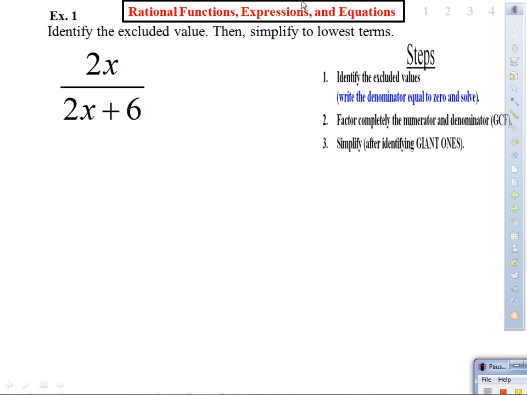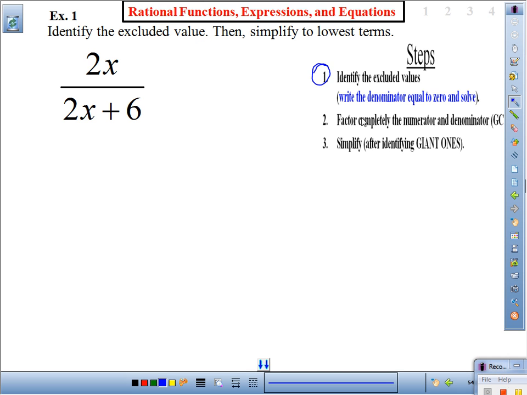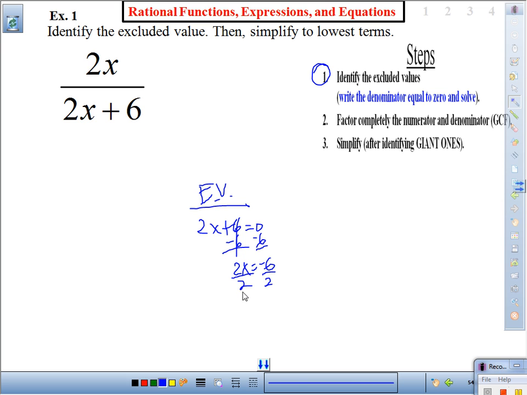First thing I'm going to do to find out what the excluded value is, I wrote it down in step number 1: write the denominator and set it equal to 0 to solve. Excluded value. Okay, I'm going to write 2x plus 6 equal to 0 and solve. So minus 6 minus 6, 2x equals -6, divide by 2, x equals -3.